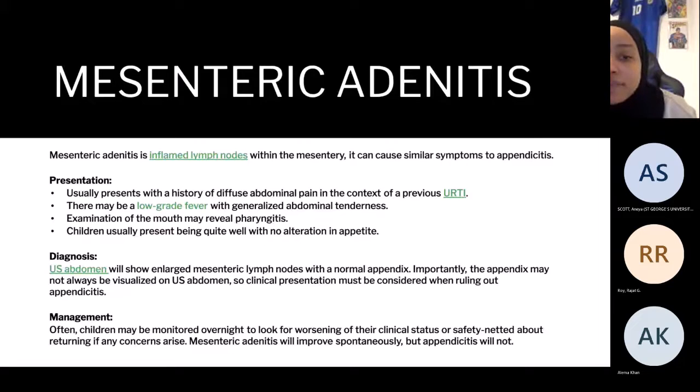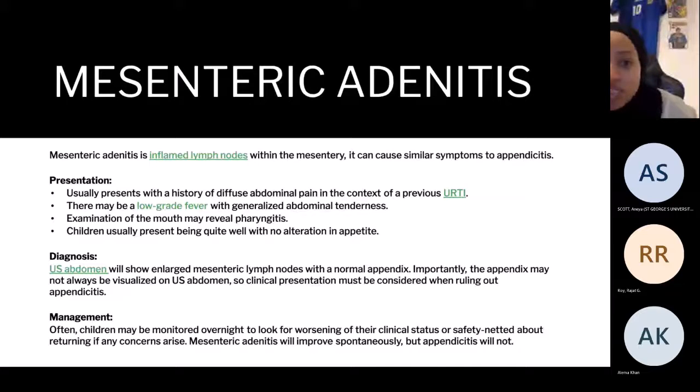They might get pharyngitis on examination of the mouth, and they usually are quite well, apart from having this abdominal pain, and they are usually still able to eat. This is quite different to appendicitis, where it's more severe. They usually don't have an appetite, they usually feel quite unwell, and their temperatures will be higher as well.